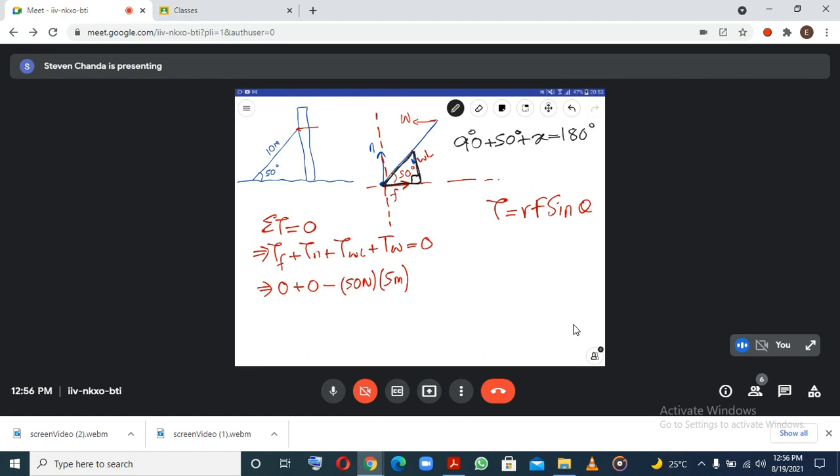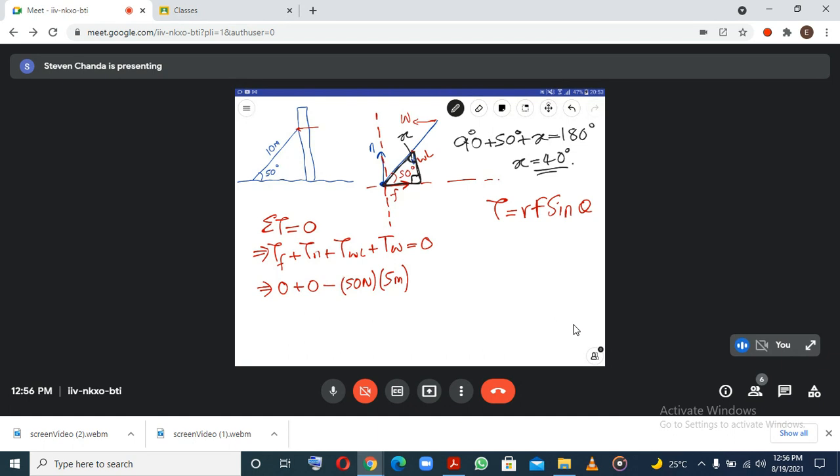So finding x, what's x? X is this angle here, the angle which I've indicated x. So x is going to be what? 40 degrees. So the angle at which the weight is acting on this particular ladder is 40 degrees.